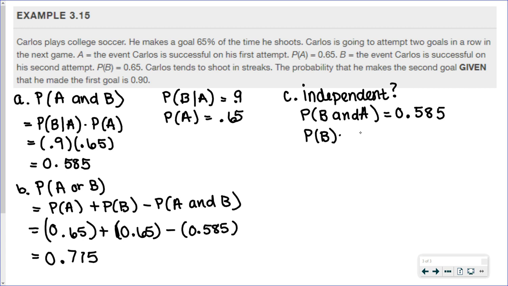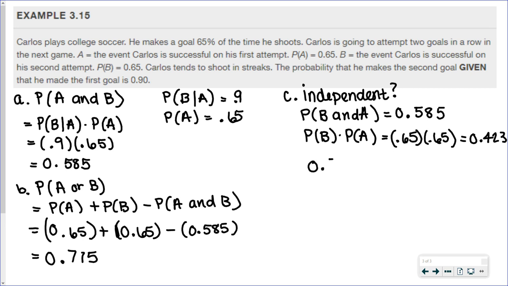Okay? We also know that the probability of B times the probability of A, if we multiply those two numbers together, I'll write it out, 0.65 times 0.65, we get the number 0.423. So to decide if these two are independent, we compare these two numbers.